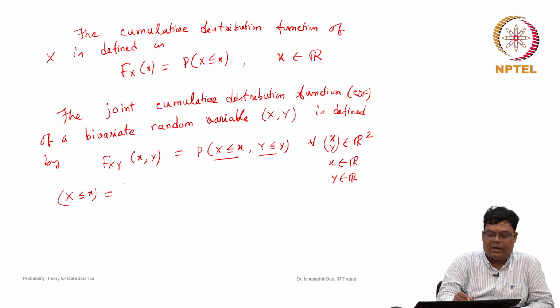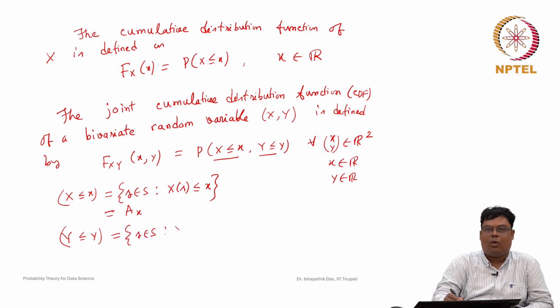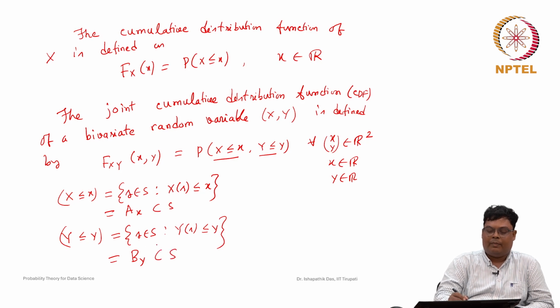This is all s belonging to the sample space S such that X of s is less than or equal to small x, and suppose we denote this event by A_x, because it depends upon the function X. Similarly, Y less than or equal to y is again a subset of S, an event: all s belonging to S such that Y of s is less than or equal to small y. Let us denote this by B_y, a subset of S, so it is an event.